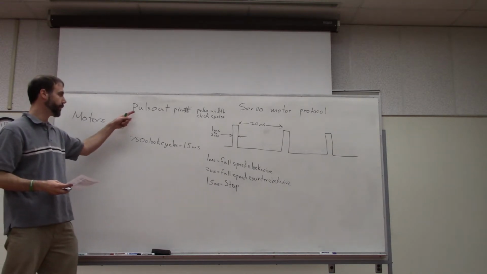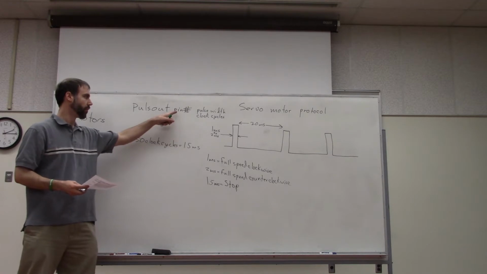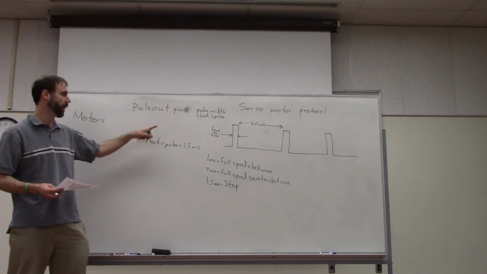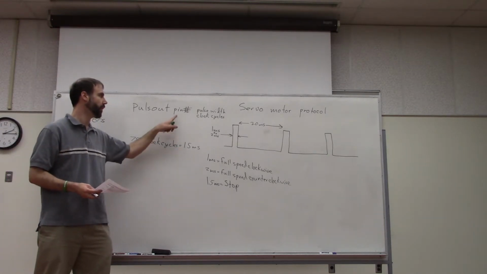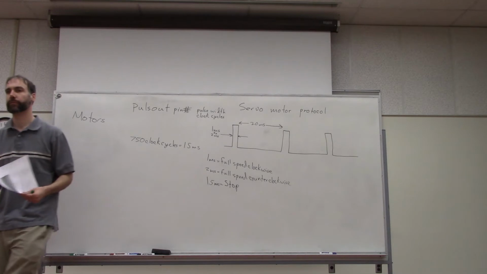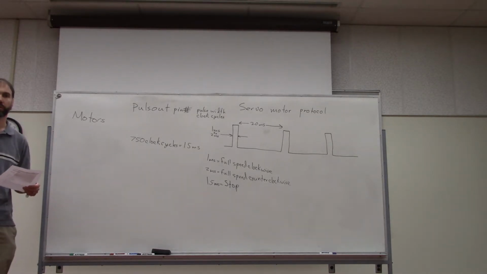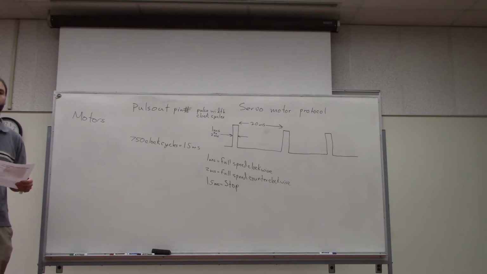So if you said pulse out 14 and then 750, that would send out a 1.5 millisecond pulse on pin 14. Okay? The clock cycles of the microchip? Yeah, of the microchip. Yeah. So that's how it works.